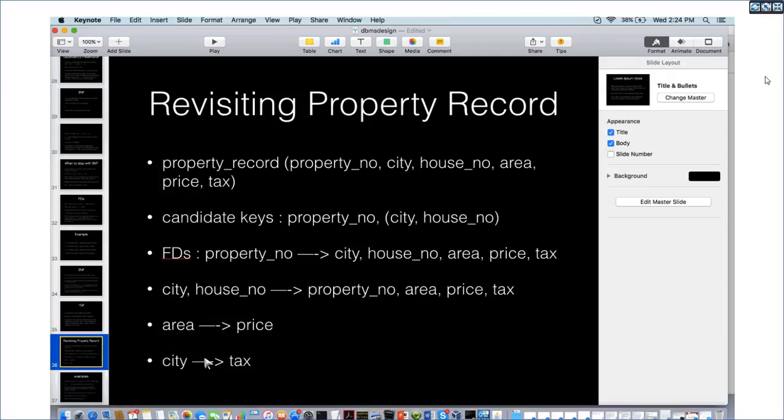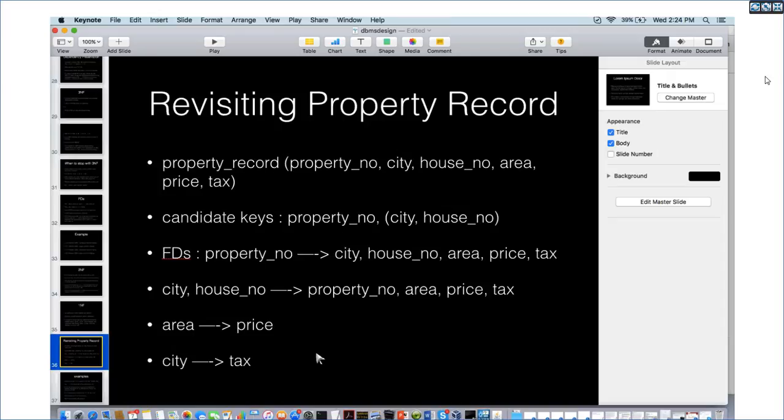Now if you look at this FD, it doesn't even satisfy the second normal form, because the non-prime attribute tax is partially dependent on city, which is part of the key. So it doesn't satisfy the second normal form. Obviously, it is also not going to satisfy the third normal form, because city is not a super key, and tax is also not part of the key.